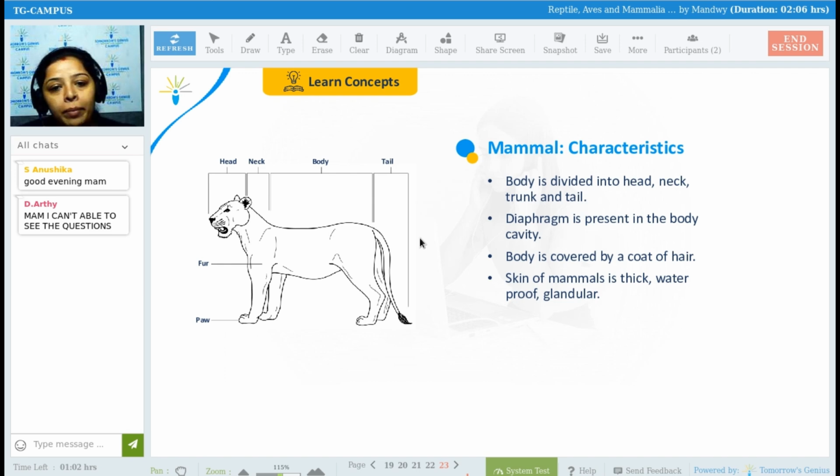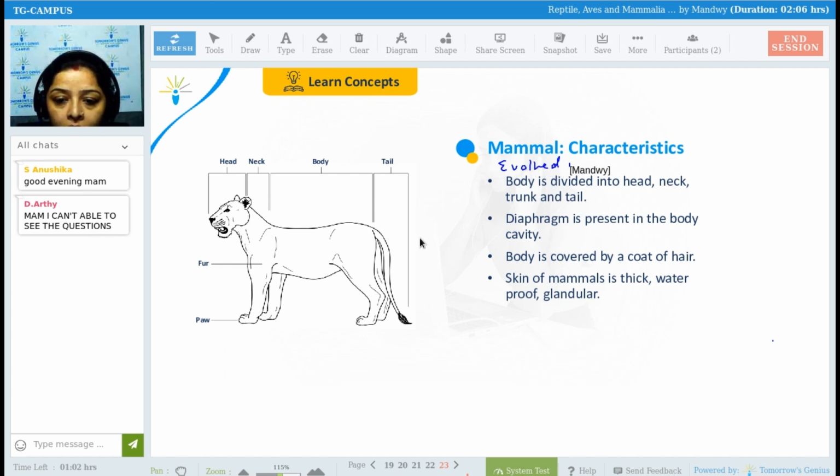Okay, so mammals evolved. Let's not use the word originated, because mammals did not originate, they evolved. Mammals evolved in the Triassic period.